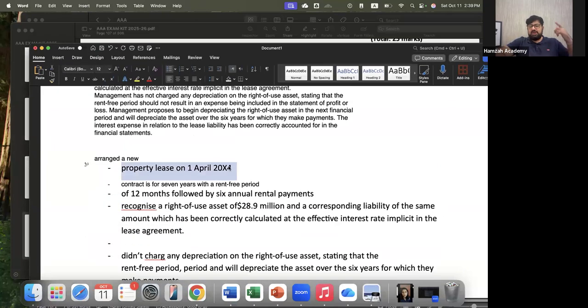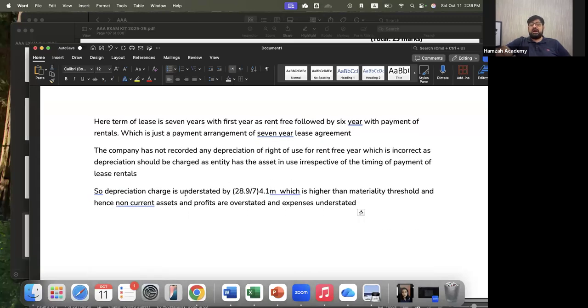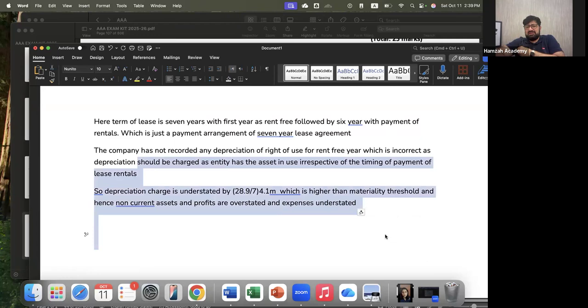So 1st April is start of a year. So full year depreciation, which is understated, which is higher than materiality threshold of 1.1 million. And hence non-current assets and profits are overstated and expenses understated. Clearly, we are not saying there is a risk. We are justifying.